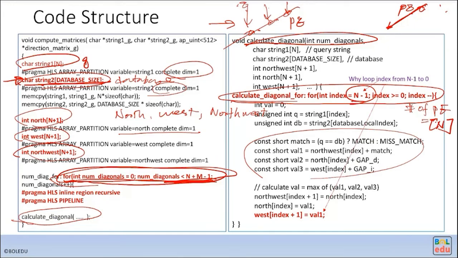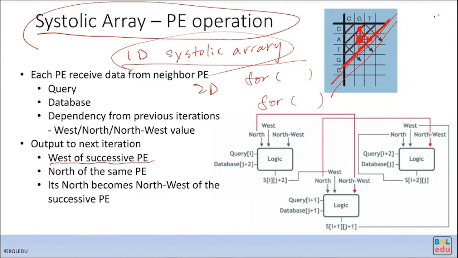There are 2 points I want to point out here. First, look at the output, let's go back. Look at how the output goes to the next iteration: it will go to the west of a successive PE.